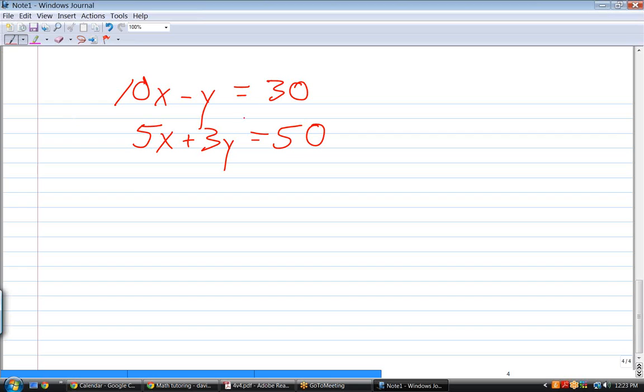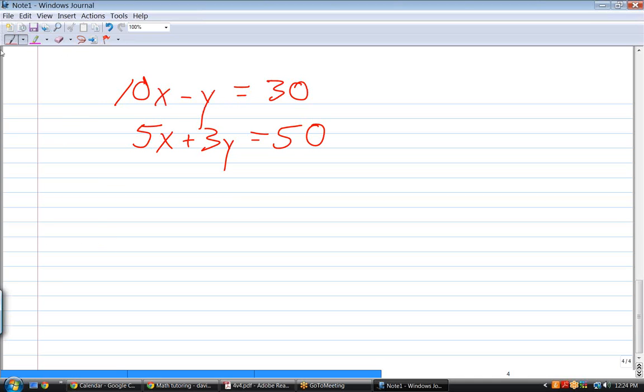Well, if I were to immediately add these, no variable goes away. I get 15x, I get 2y. Trying to get rid of a variable. So the other rule of algebra is you can do anything you want to one side of the equation as long as you do it to the other.